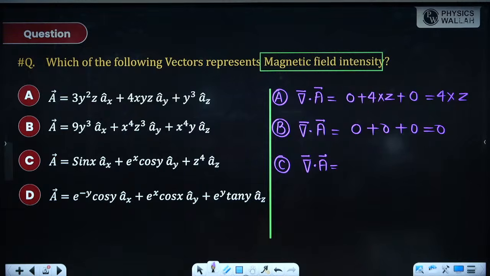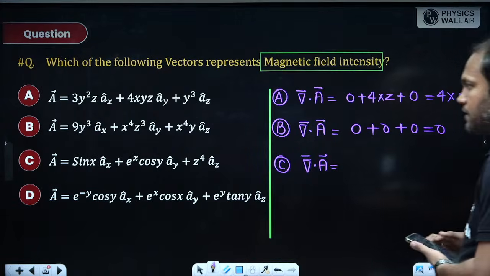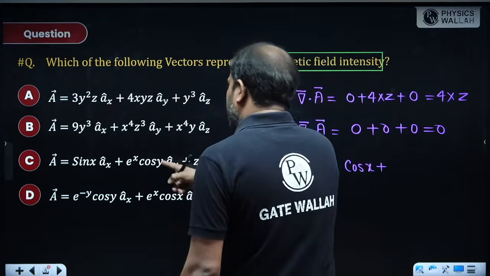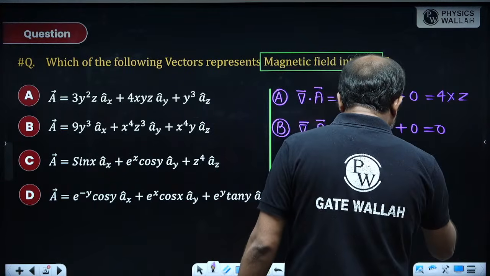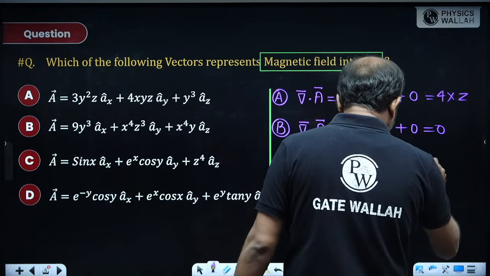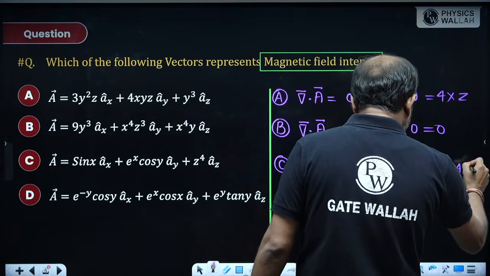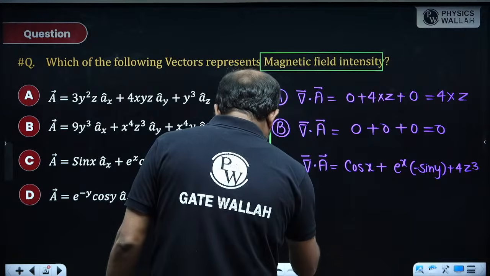Then e to the power x, cos y, and cos y differentiation is minus sin y. And z, 4z cubed. So it is not equal to 0.